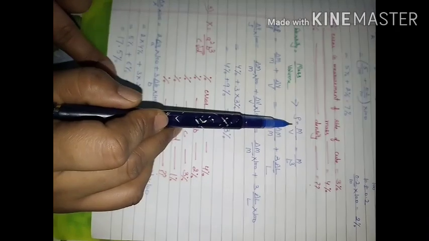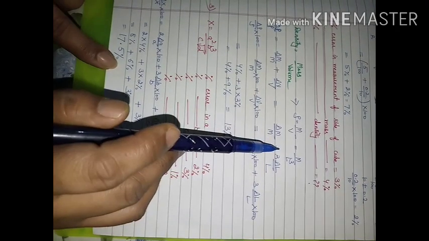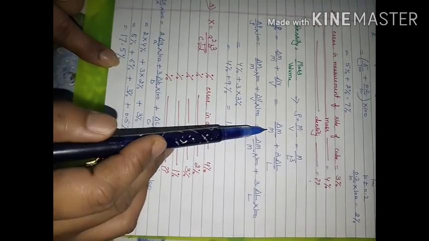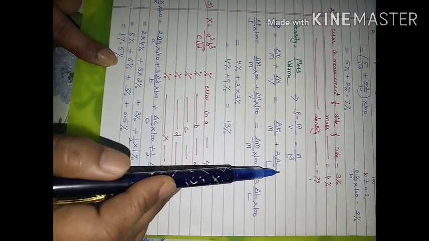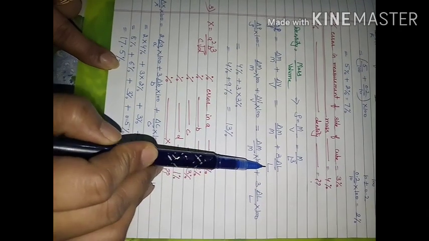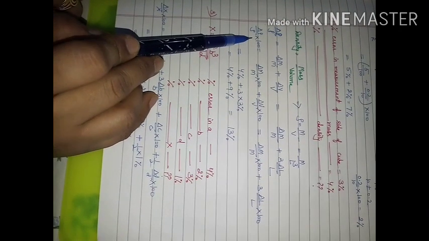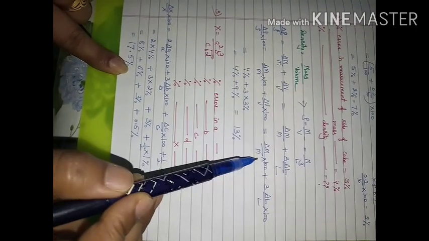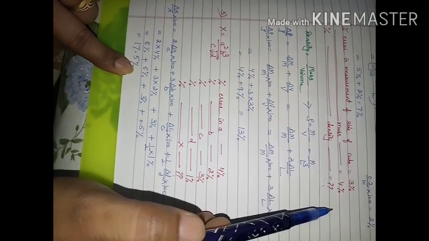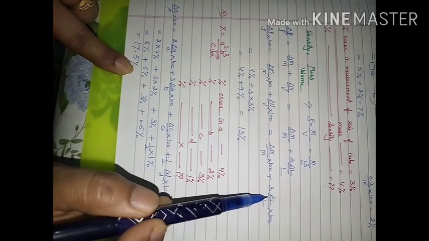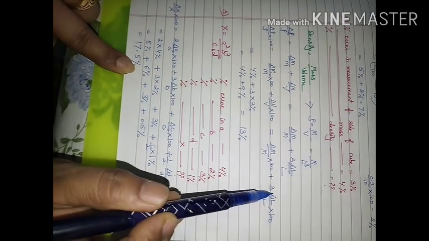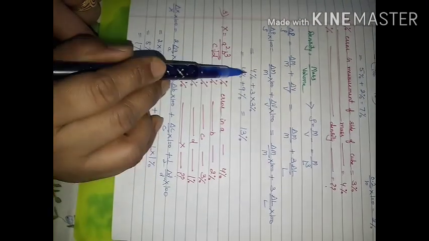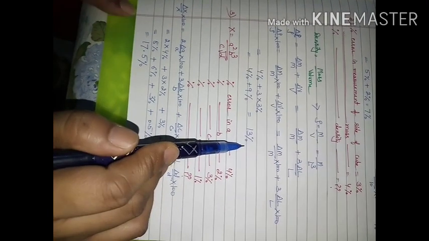So using what we have discussed previously, delta rho upon rho will be equal to delta M upon M plus 3 delta L upon L. For percentage error, multiply left hand side and right hand side by 100. Put in the values: delta M upon M into 100 is 4%. This is 3 delta L upon L into 100, and this factor comes out to be 9%.